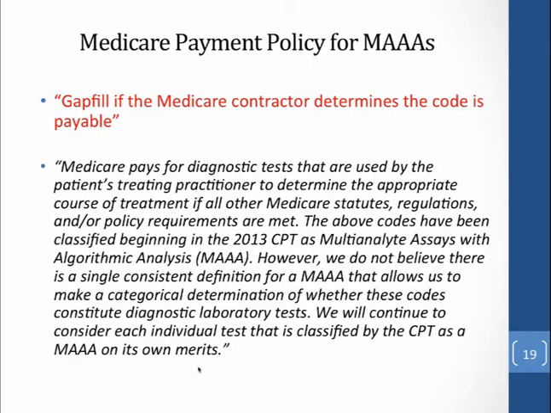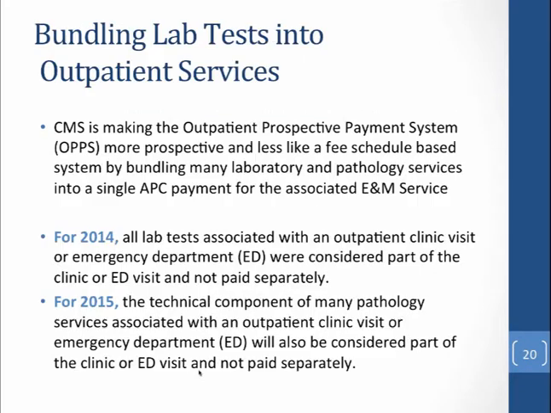In general, this is what's happening when an MAAA is involved. And remember, if at any time you apply an algorithm that results in a single result that combines information from a number of genes and other tests or physiological parameters, that throws it into an MAAA position, and you cannot use the regular molecular pathology codes and the NGS codes.